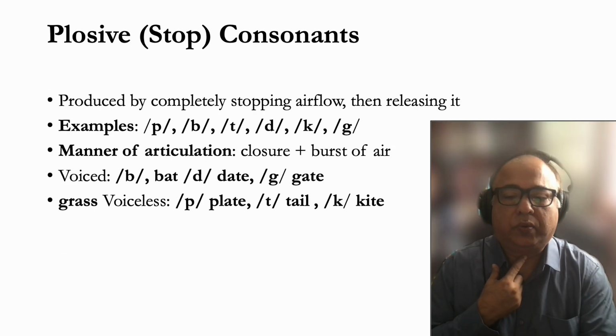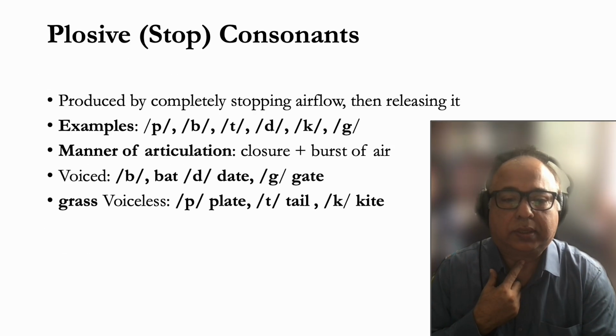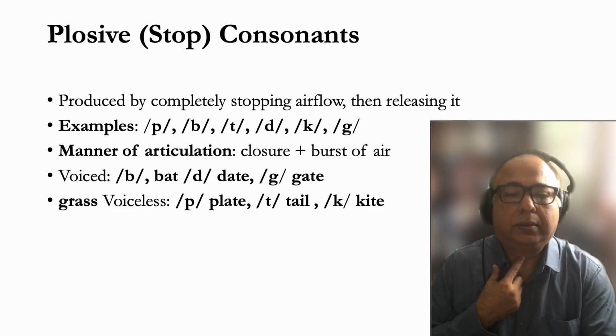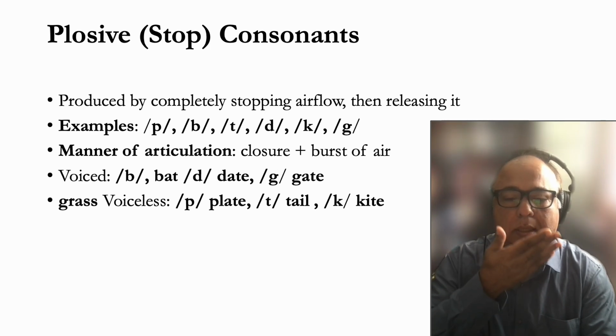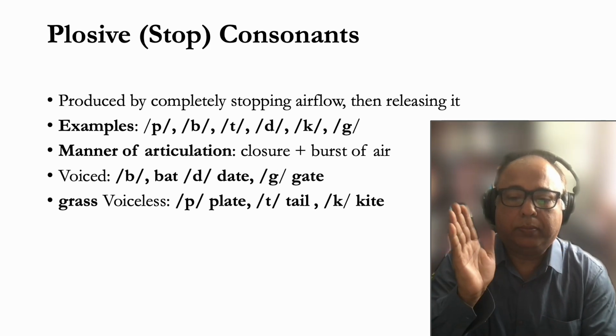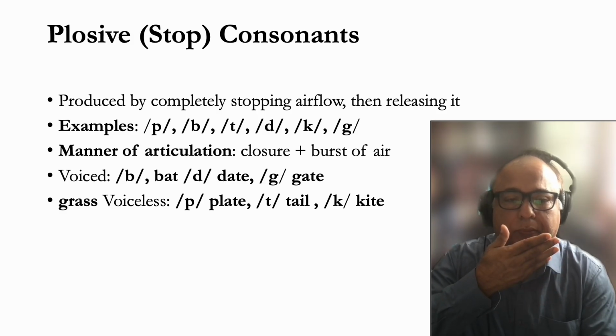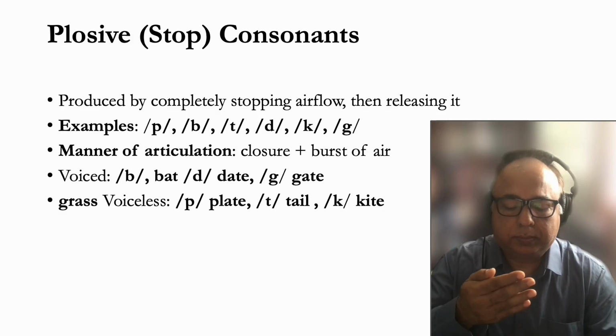So we will go over each type of consonants. Okay, plosives. So they're easy to pronounce. What you do is put your palm, right or left, in front of your mouth, okay? And then pronounce these sounds, and you will feel a puff on your palm, okay?